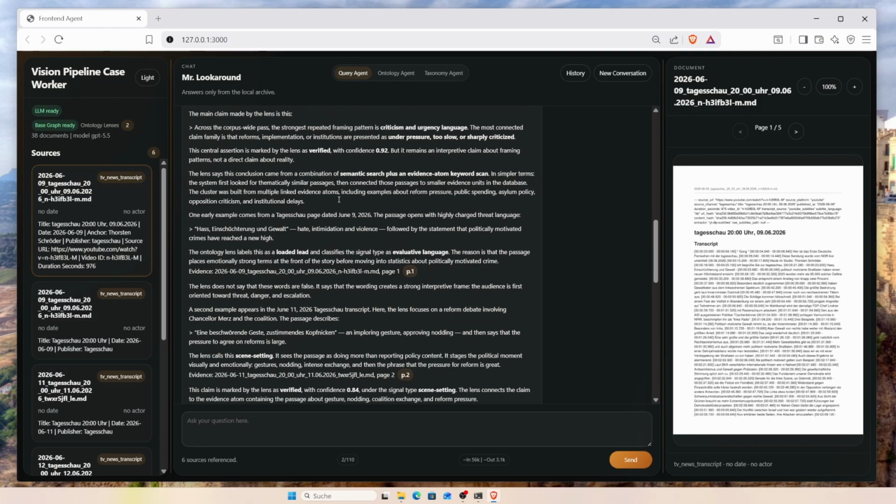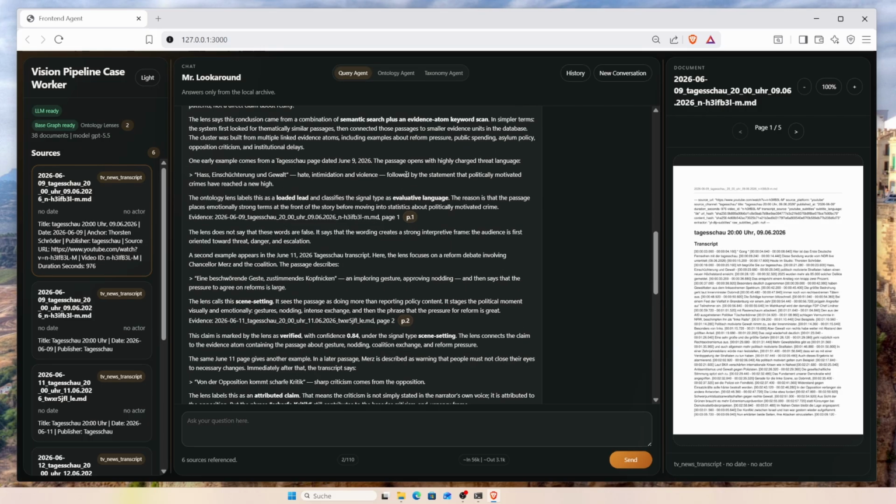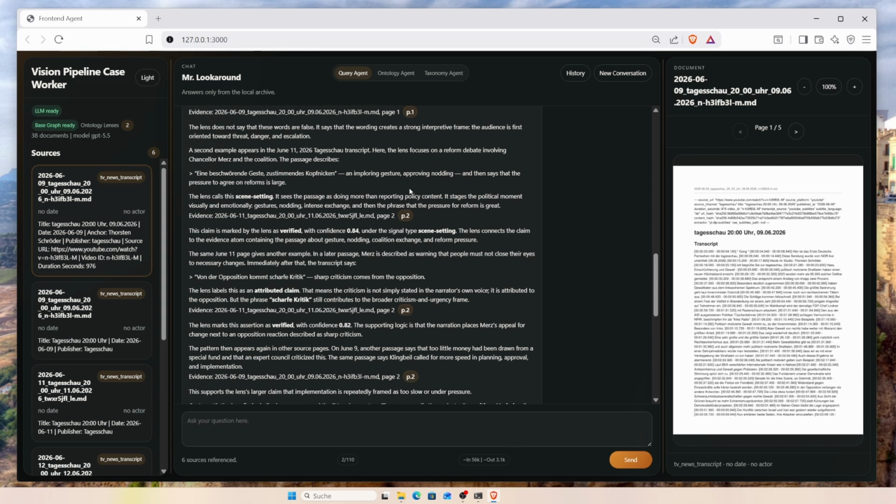The main claim across the corpus might pass strong repeated framing pattern. So I will scroll slowly through it so you can read it yourself.